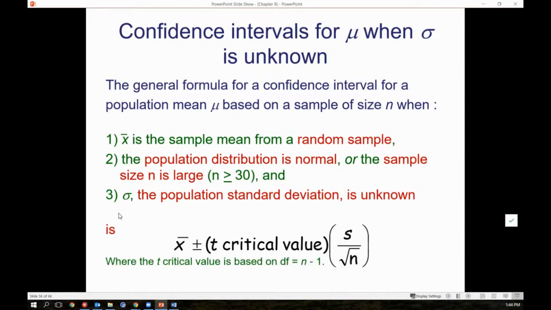To get the degrees of freedom for your t critical value, to abbreviate degrees of freedom, we just say DF. DF equals n, your sample size, minus 1. The degrees of freedom is n minus 1.